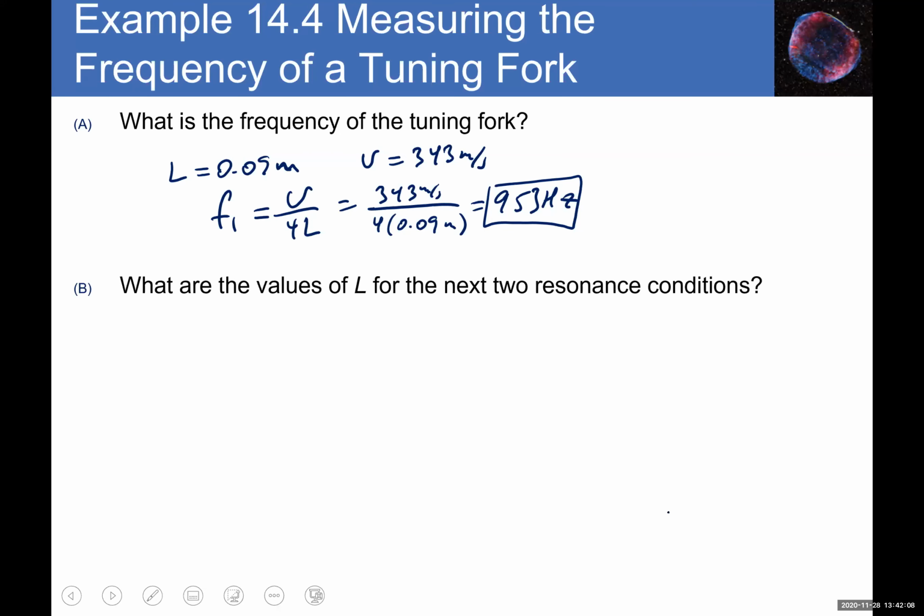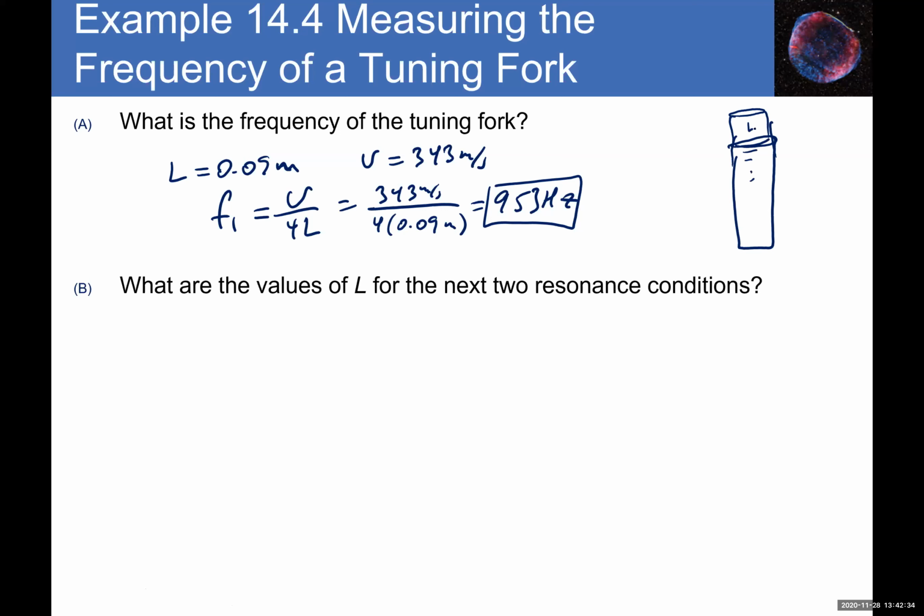All right, what are the values of L for the next two resonances? Now, let's say the water level is right here, right? If you start from the top, this is the water level here.